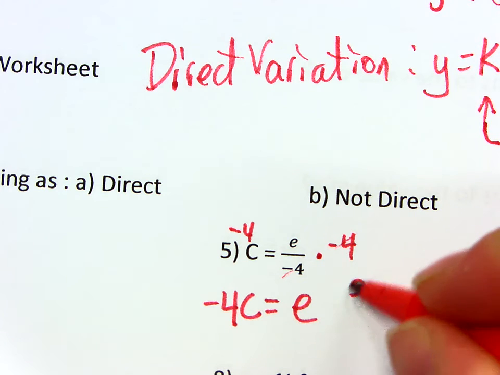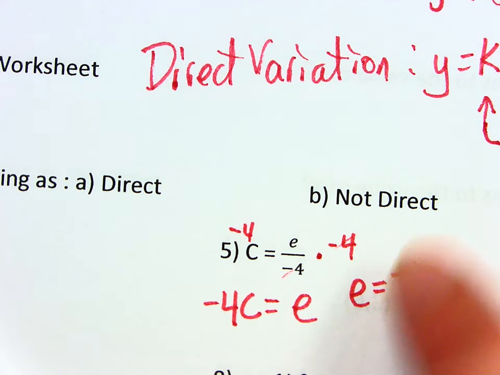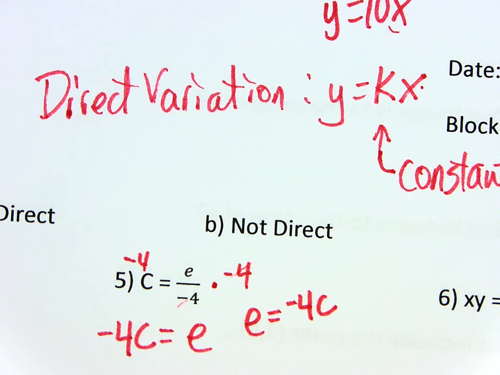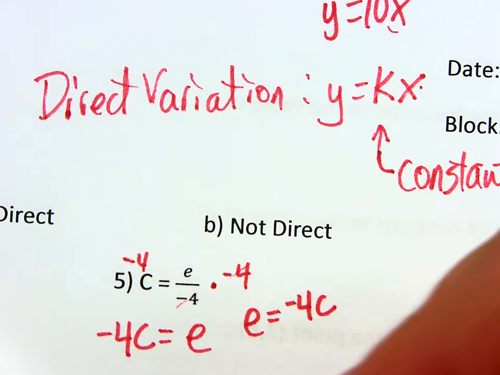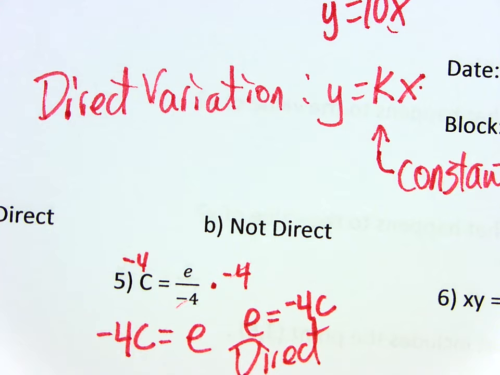And couldn't I just move the E to the other side? So then I have E equals -4C. And now doesn't this look just like this, just with different variables? So, is that direct? Yes, it is. So that's another one that's direct.